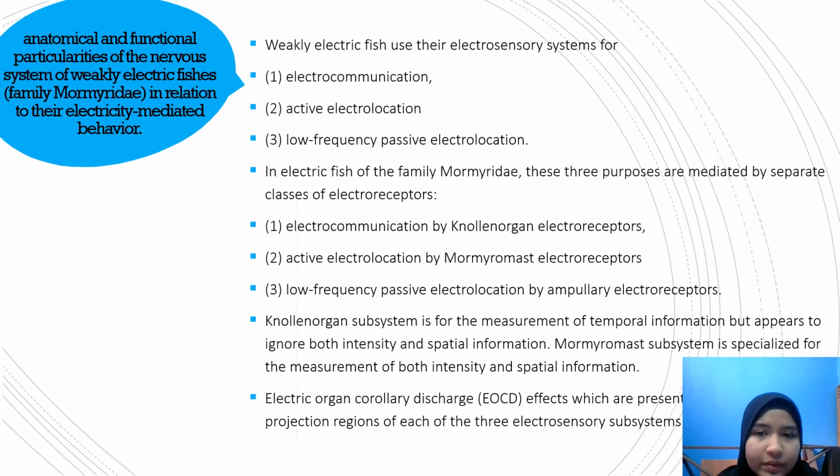So these three purposes are mediated by separate classes of electroreceptor. Electrocommunication by Knollenorgan electroreceptor. Active electrolocation by mormyromast electroreceptor. And 3. Low-frequency passive electrolocation by ampullary electroreceptor.